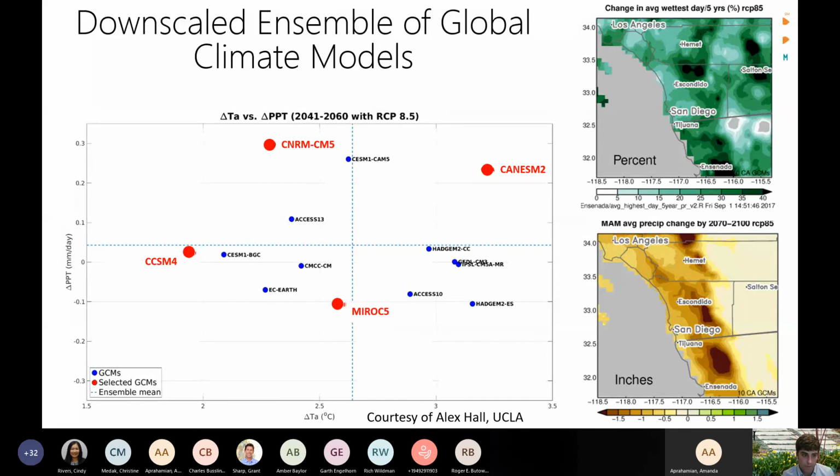They all project an increase in temperature, so the median of all is greater than 2.5 C by 2060. Some of them represent a little less precip, and some a little more precip on average. So these are the 4 we picked to bracket things, and you'll see these presented. You're not going to be tested on remembering the alphabet soup of these.